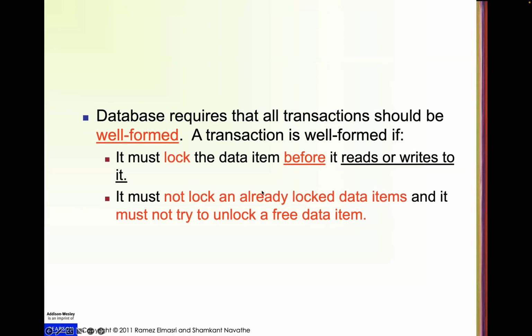What do we mean by this? It means that if the data item is not locked, we cannot unlock it. As simple as that. So this makes a well-formed state of a lock. And the DBMS requires that all the transactions be well-formed.